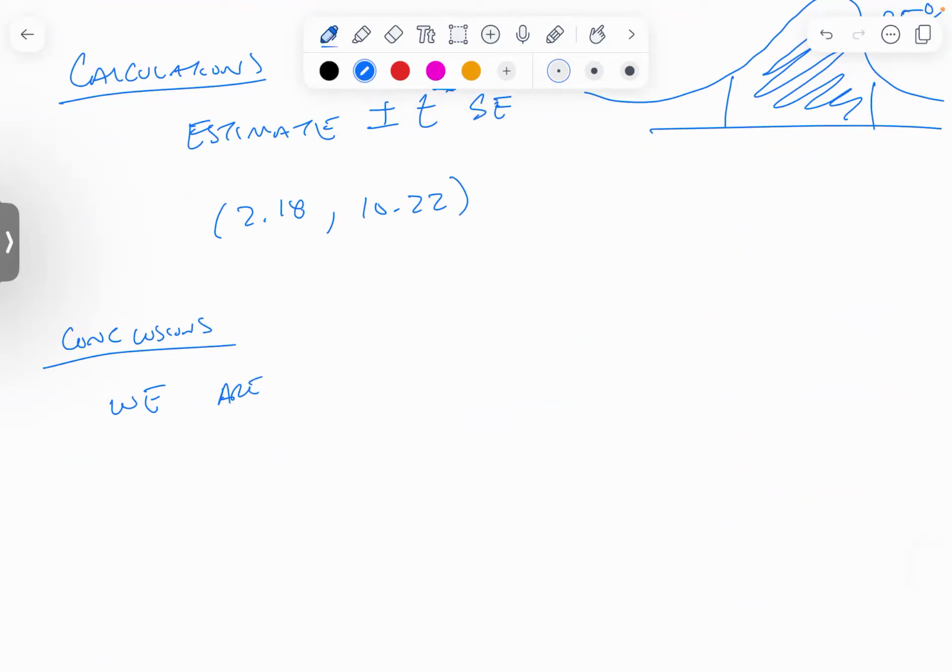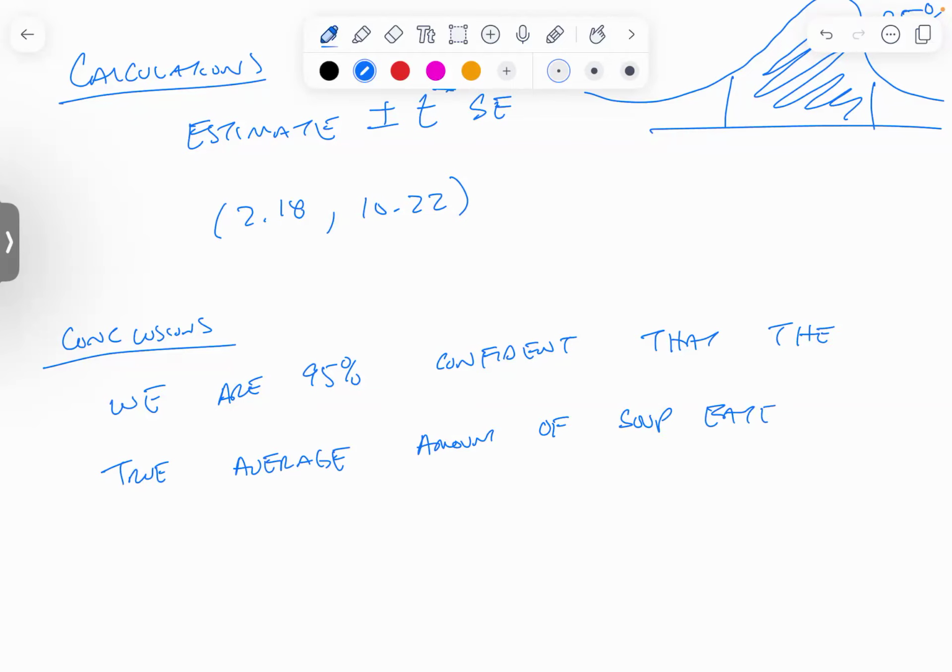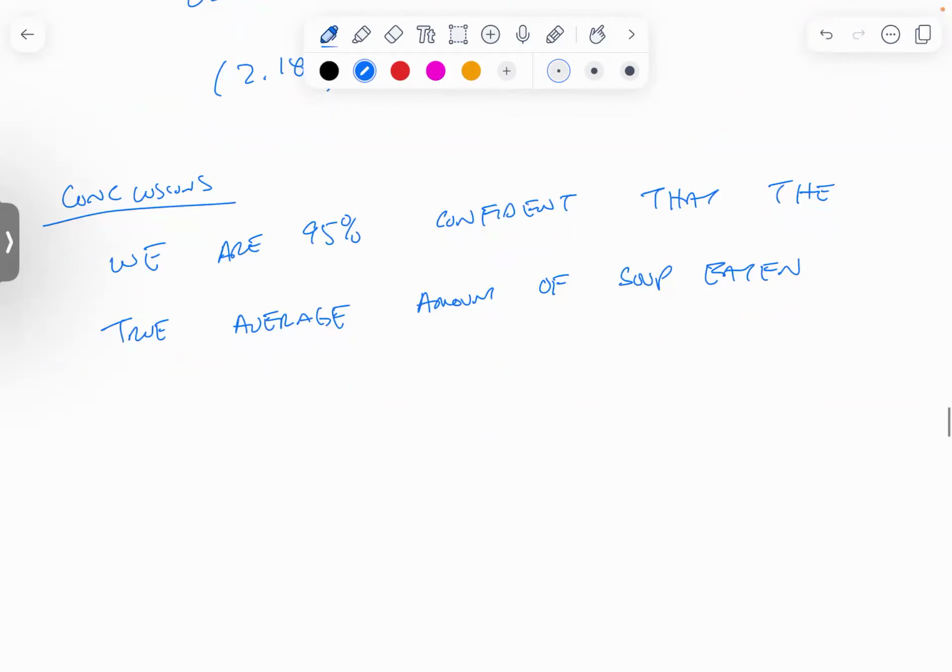So we are 95% confident that the true average amount of soup eaten out of a secretly refilling bowl is between 2.18 ounces, right?